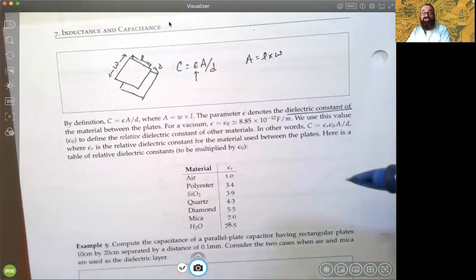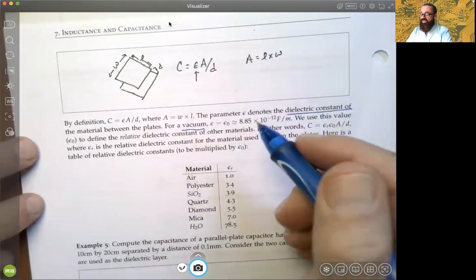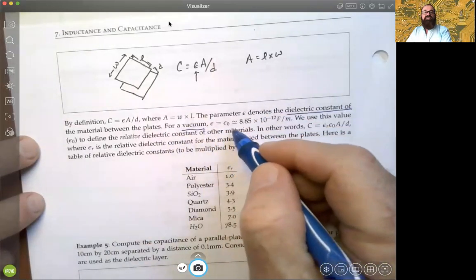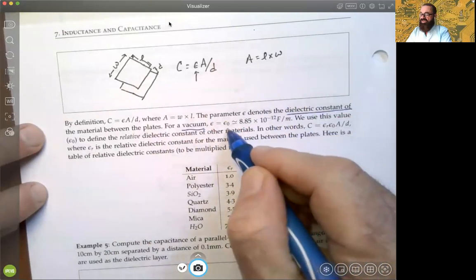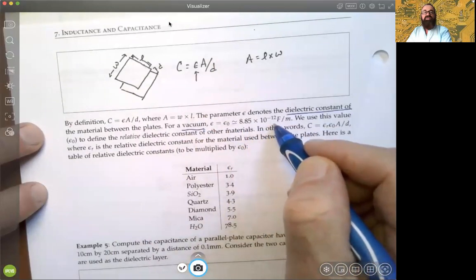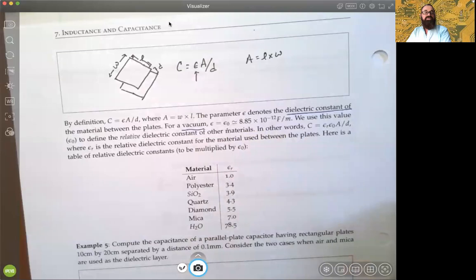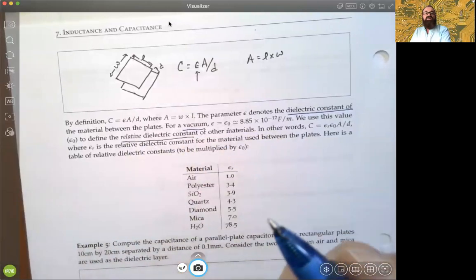So for example, if there's nothing between them, it's just air, that's another representation of a vacuum, then we define that as a default, because we can base everything off of it, and that's usually called epsilon 0, which is 8.85 times 10 to the minus 12 farads per meter, okay? And so we use this epsilon 0 as the relative dielectric constant.